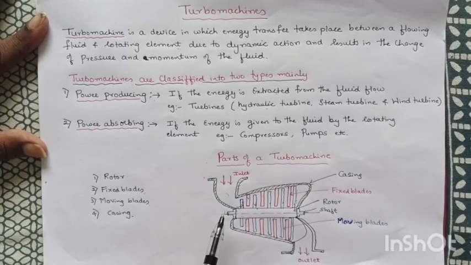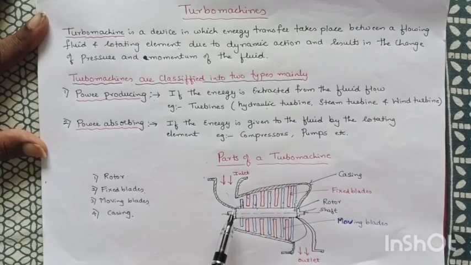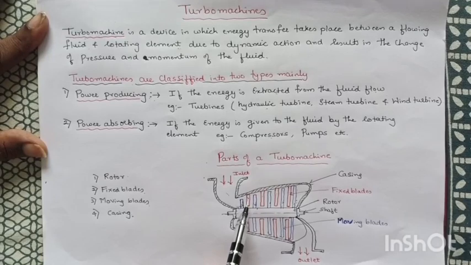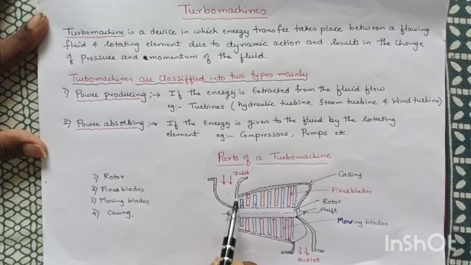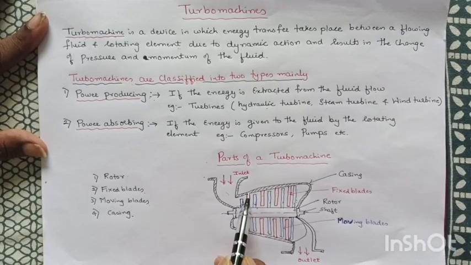So now we will study the functions of the fixed blades and the casing. These fixed blades are also called stationary blades, and the function of the fixed blades and the casing is to guide the fluid which is flowing through the turbo machine.